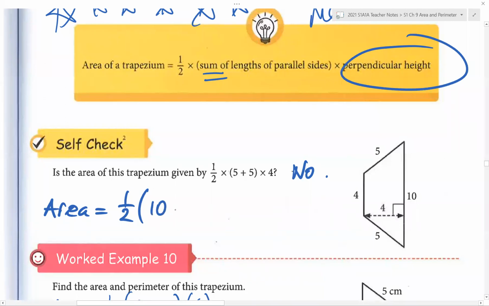10. Good. Times? Why 4? He says 4. Why 4?